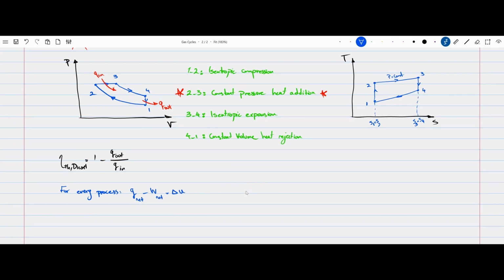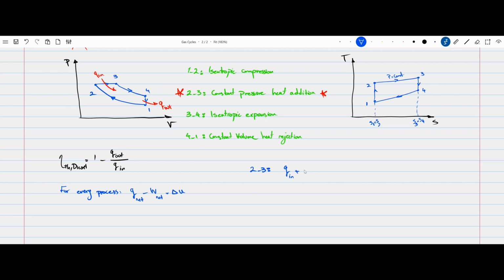With that in mind, let's now talk about process 2 to 3. So for process 2 to 3, I know that, hey, Q is coming into the system, but this time, this is a constant pressure process.